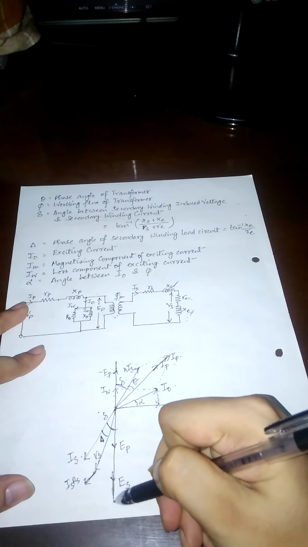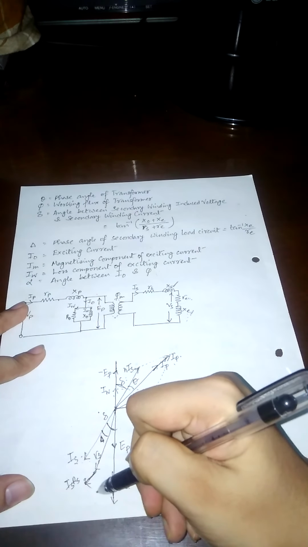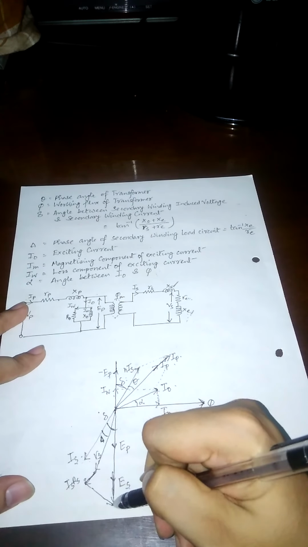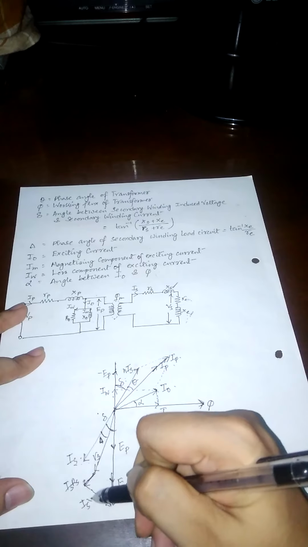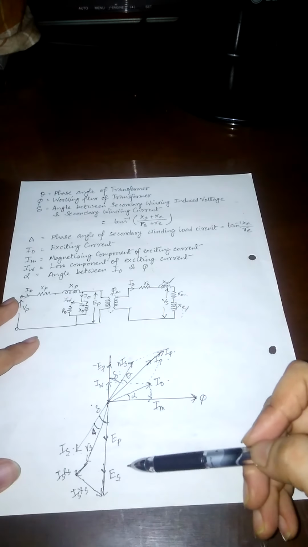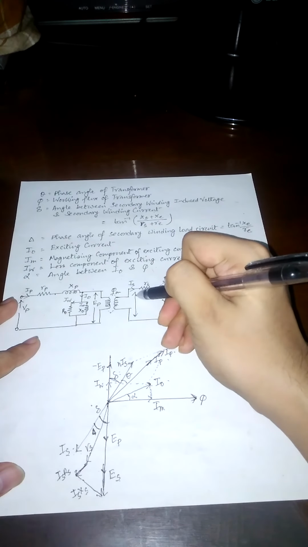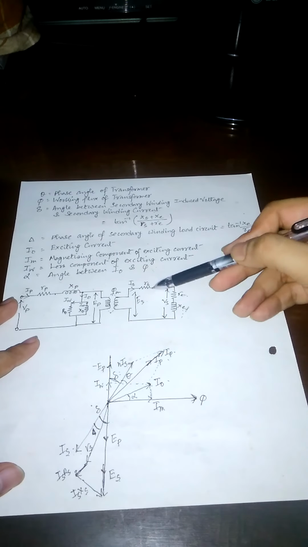If we extend that, this is Is Xs, because this Es comprises this Vs and the voltage drops.